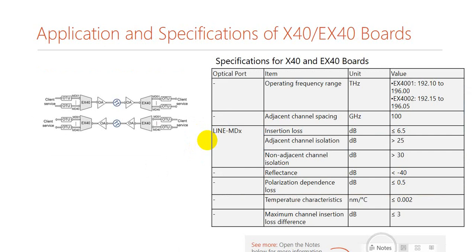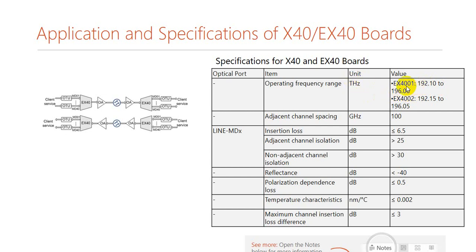Now moving to some of the specifications of these boards, which we should take care of in operations. There are two frequency ranges. For 80 channels we need to use two EX40 or X40 boards. One will work in one range, another in the other range. If we check clearly, this is 192.10 to 196.00, and the unit is terahertz.